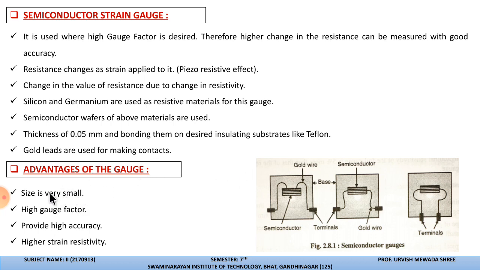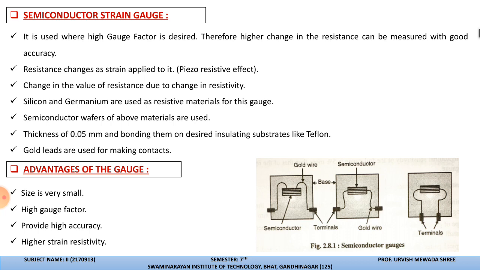The first advantage of this semiconducting type strain gauge is that it has a very small size, so it can be used where space is a problem, or we can say where there is less space in the industry.